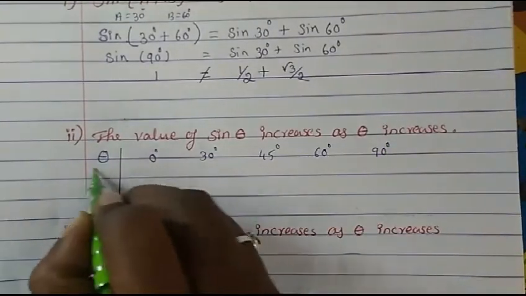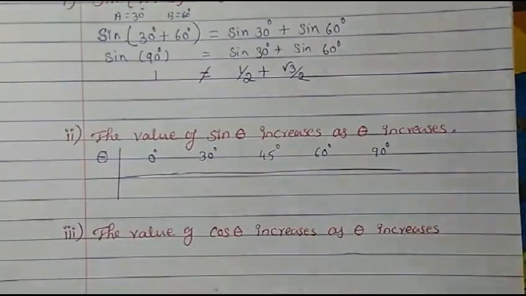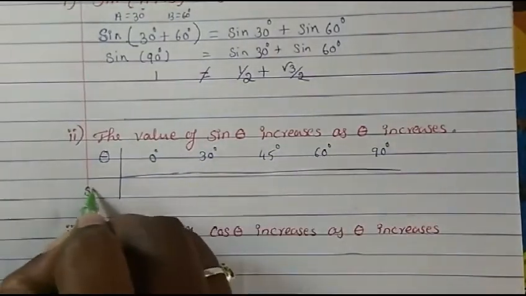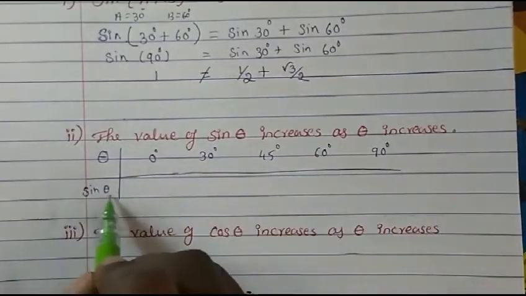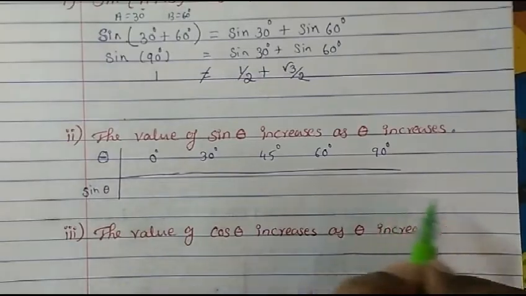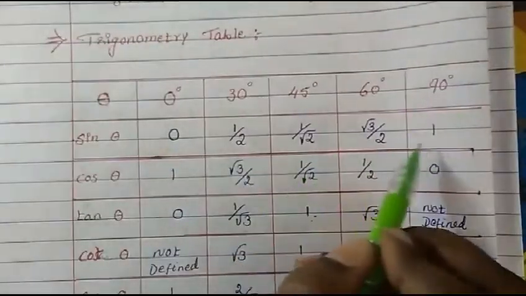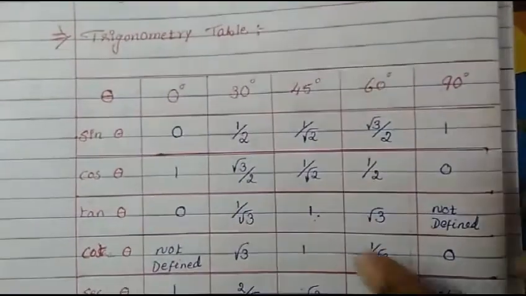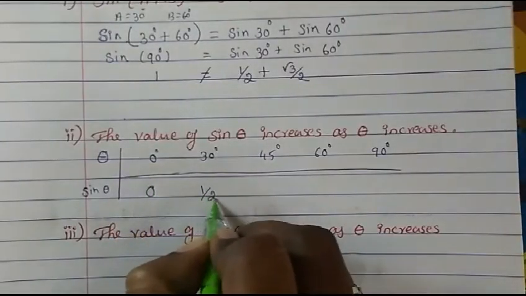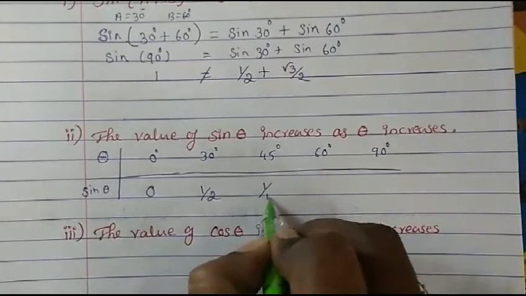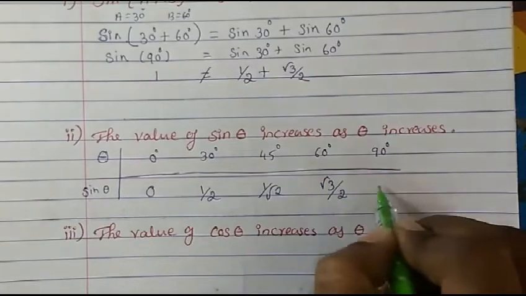Now let's see sine theta. Theta is increasing, so now we have to see the sine theta values. Let us put them: 0, 1 upon 2, 1 upon root 2, root 3 upon 2 and 1.